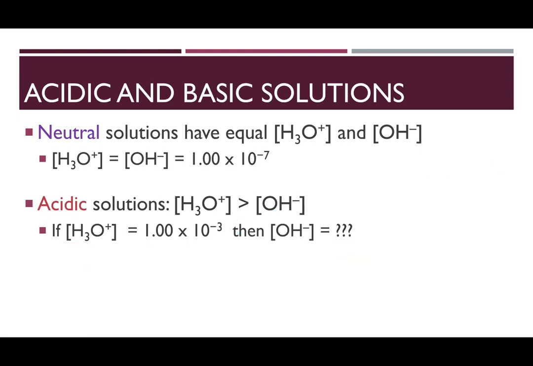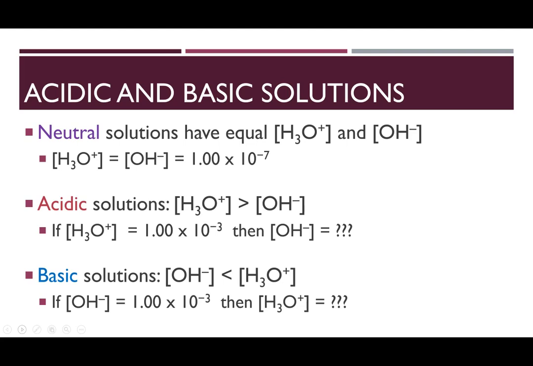All right, so in a neutral solution, concentrations are the same. Acidic solution, hydronium's greater than hydroxide. Well, then a basic solution, hydroxide, ooh, this is backwards. It should be like this.